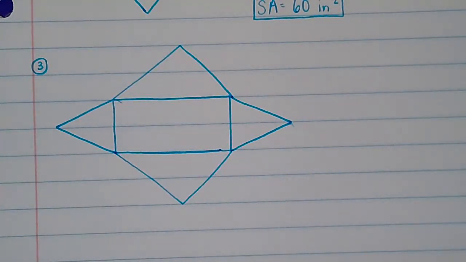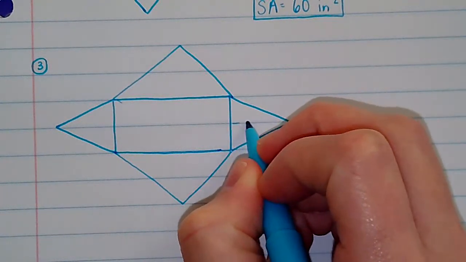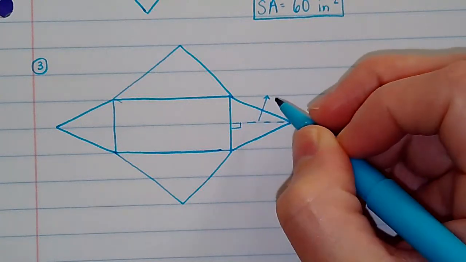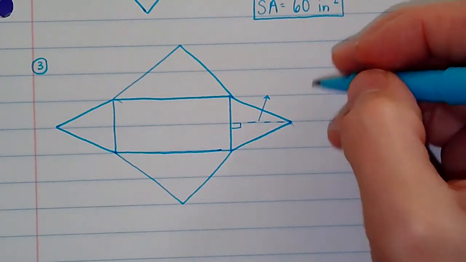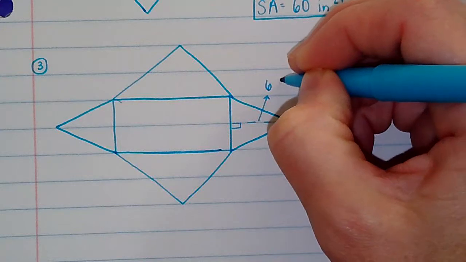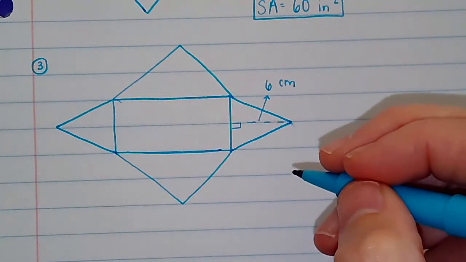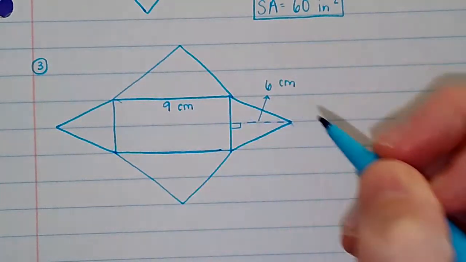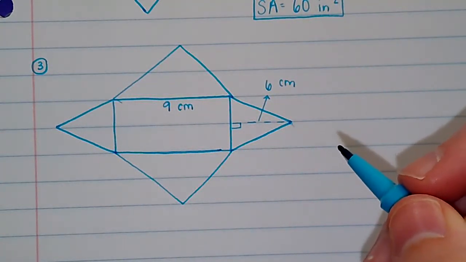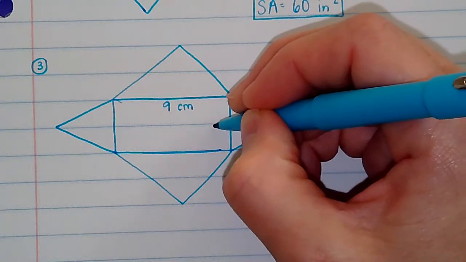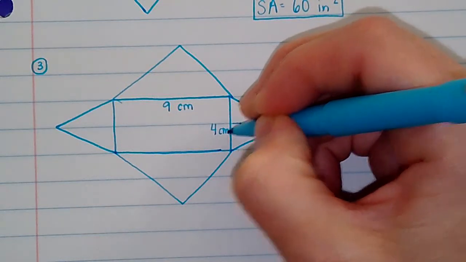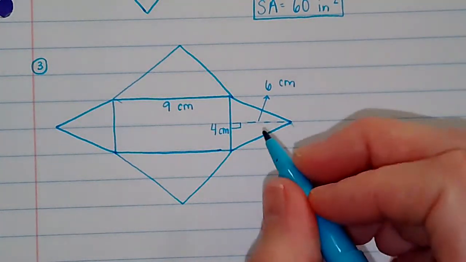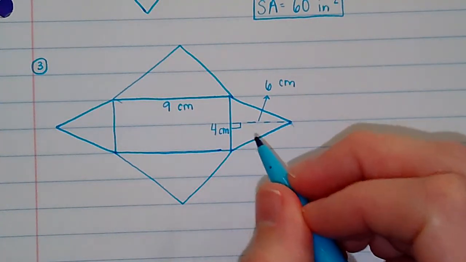Okay? Let me give you your numbers. Six. All right, so those are all the sides you'll need for that shape.